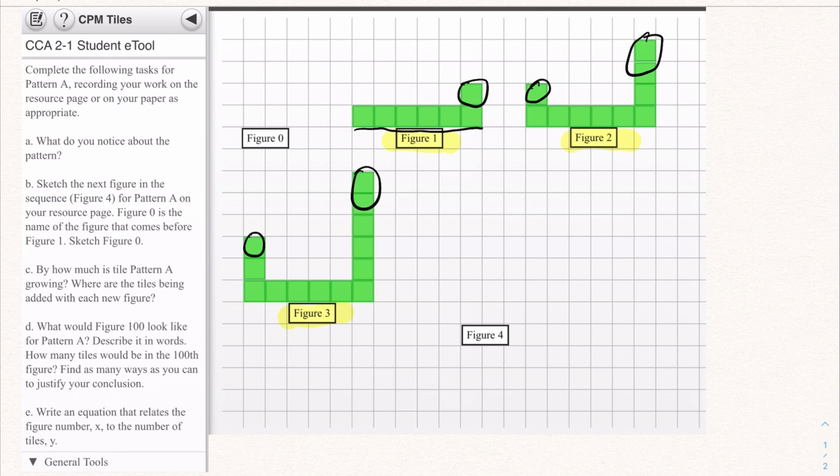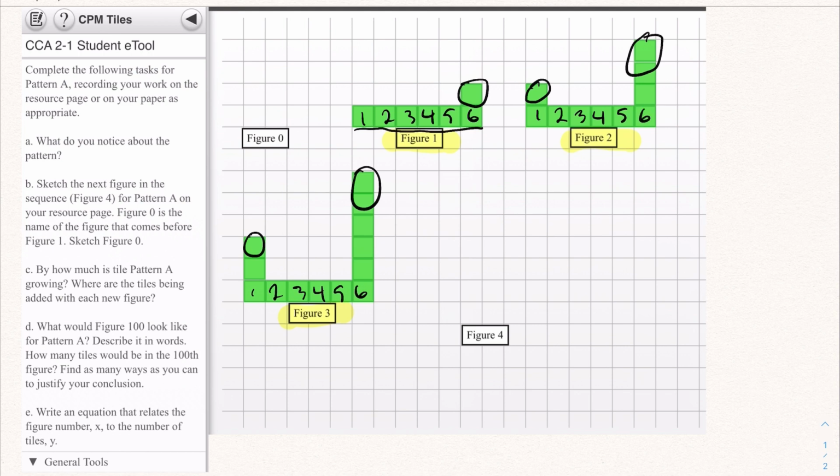What I notice is as my figure number increases, I'm adding 1 tile to the left and 2 tiles to the right. That's just what I notice. And I notice that the bottom stays the same width. It's always 6 tiles wide. It's always 6 tiles on that bottom side: 1, 2, 3, 4, 5, 6.